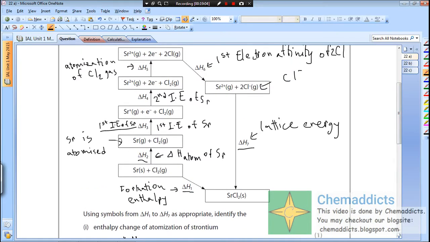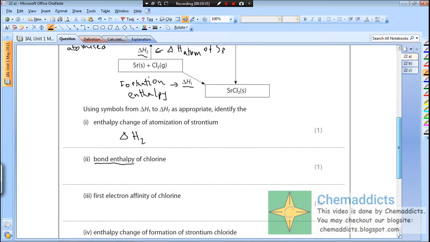In del H5, the gaseous chlorine molecules have been broken down into gaseous chlorine atoms, so this should be the bond enthalpy. Okay, so this del H value should be bond enthalpy. So this should be del H5.